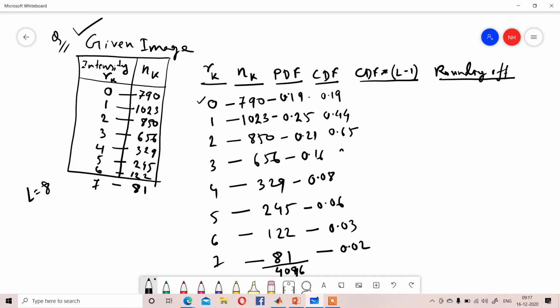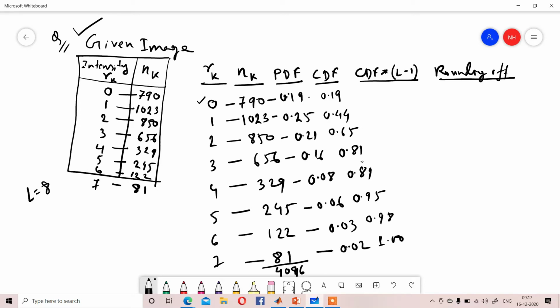Next will be 0.81, next 0.89, next 0.95, next 0.98, next 1.00. So that is your CDF.